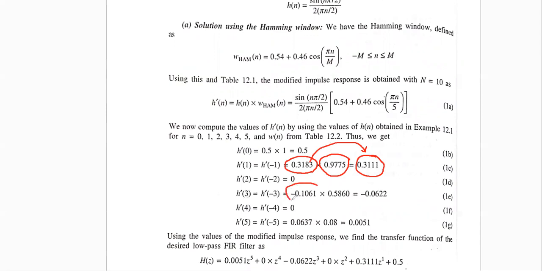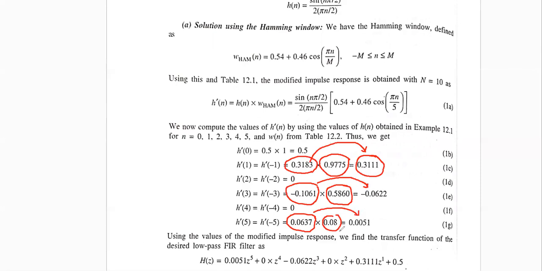This is h3 multiplied with the window factor, and there is a little bit of change, or a huge change. You'll find a huge change in the factor. Similarly, this is h5 multiplied with the window factor. Is it a small change or a huge change?